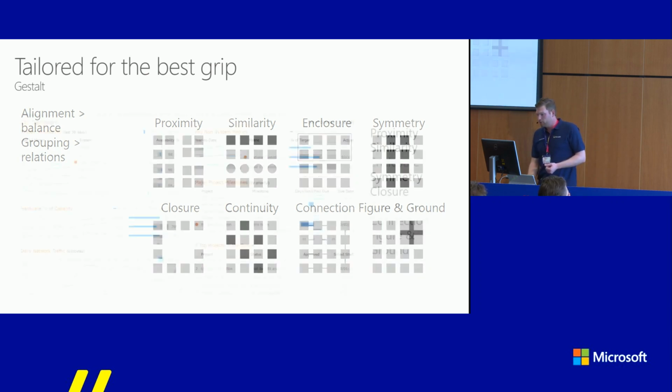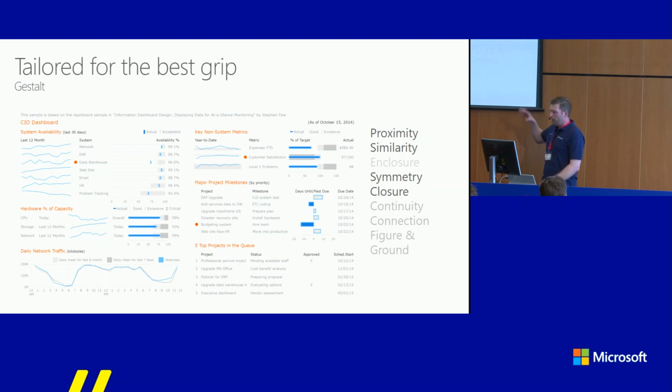You can even see that being applied to this example from Stephen Few. It uses proximity to gather areas in one area, and symmetry as well. It's easy on the eyes because of the alignment of charts.